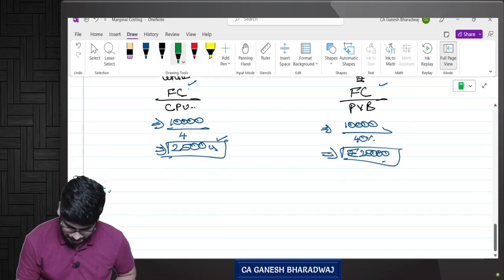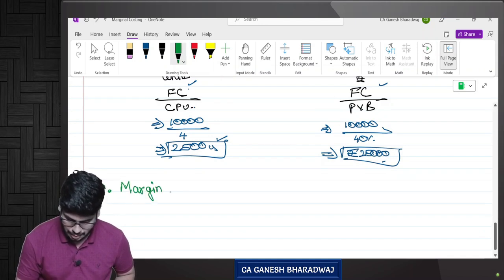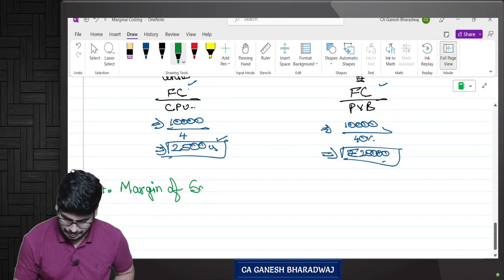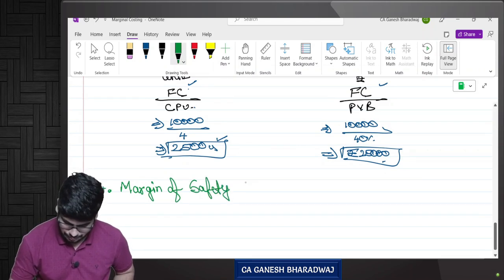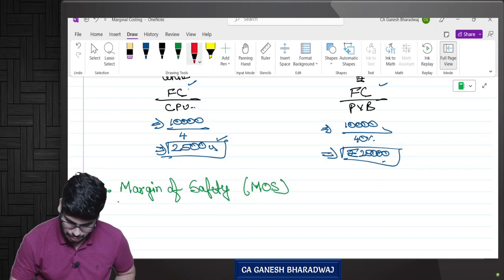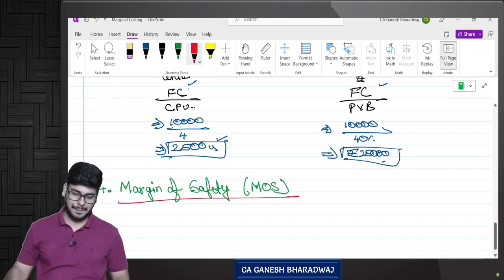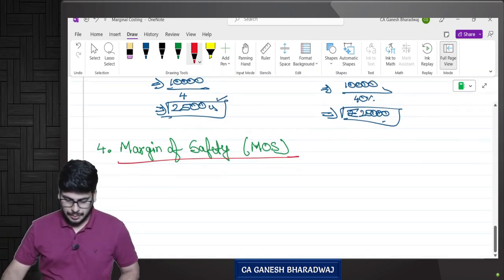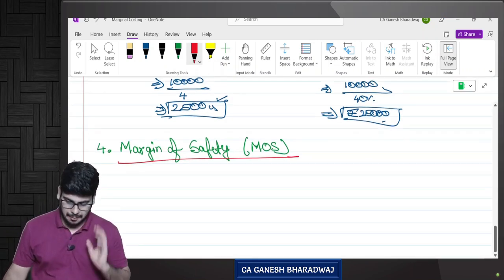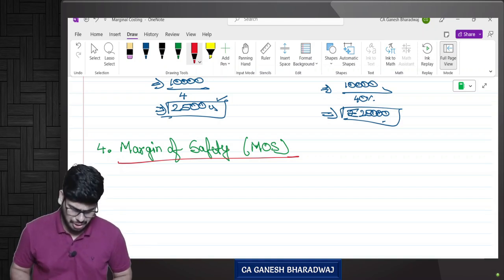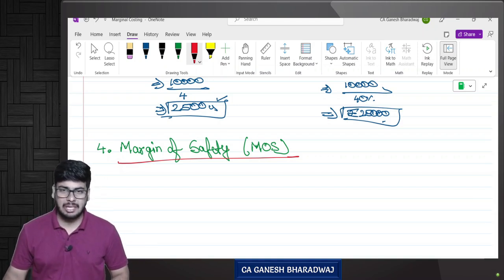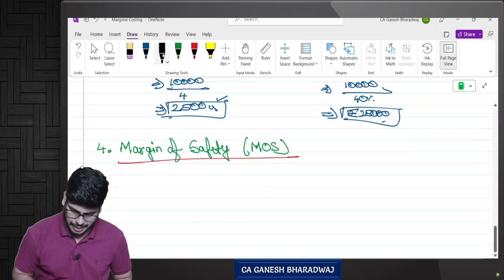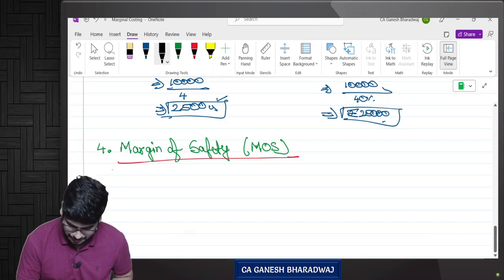Concept number 4. What is it? Margin of safety. MOS is the short form. Now, let me take this particular example and explain this concept of margin of safety. First, let me write down what we mean by margin of safety.